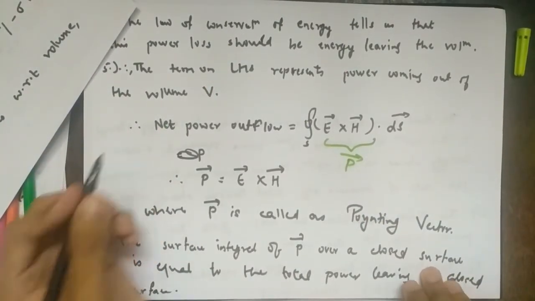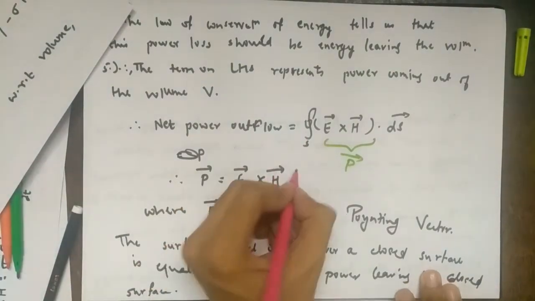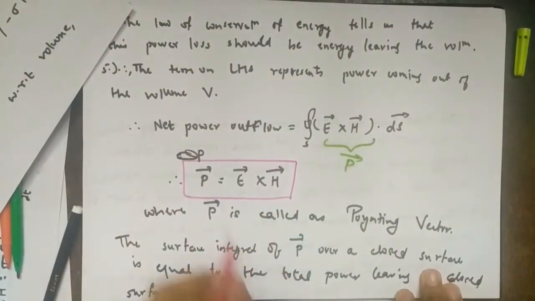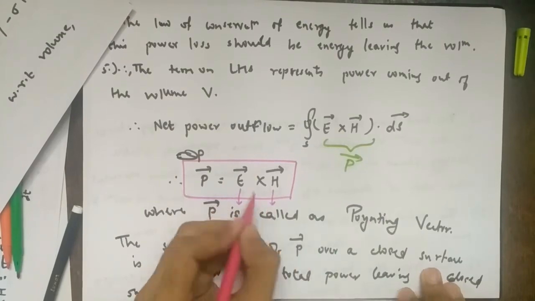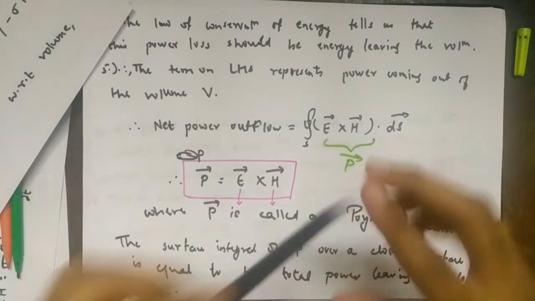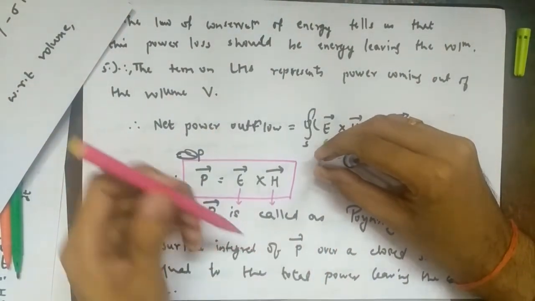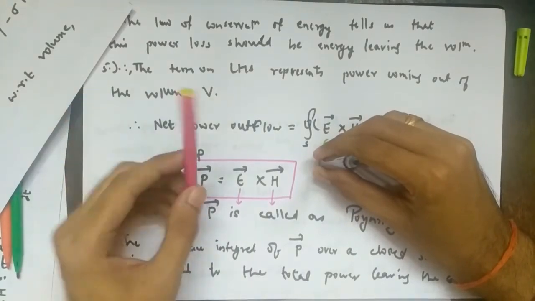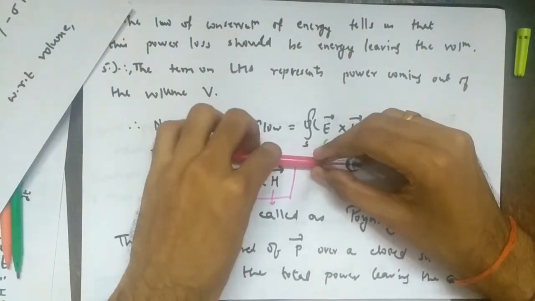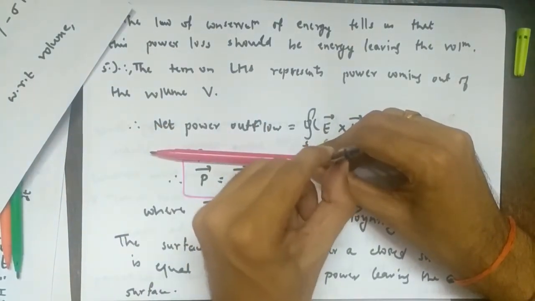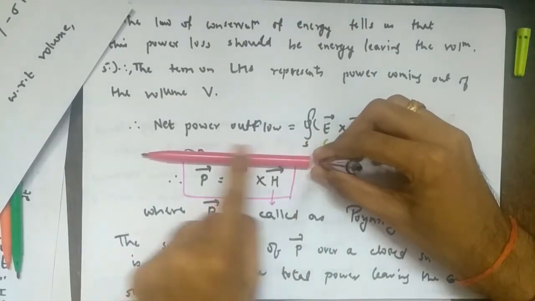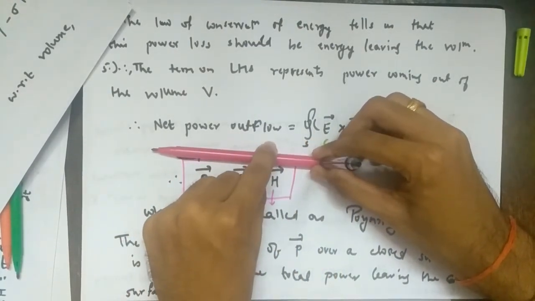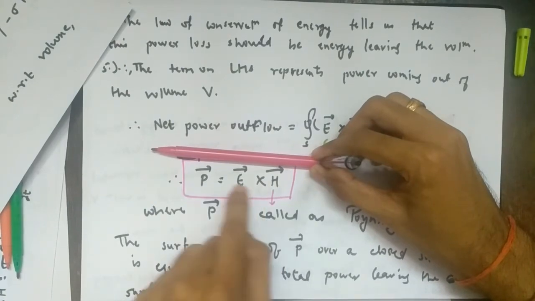So what do we understand from this conceptually? What we got is P vector is E vector cross H vector. What do we know about the relation between E vector and H vector? They are always perpendicular. So let's say this is the x-axis and this is the y-axis. Both are perpendicular. Let's say this coming towards you is the E vector, so this should be the H vector, right? And we know it is a cross product.